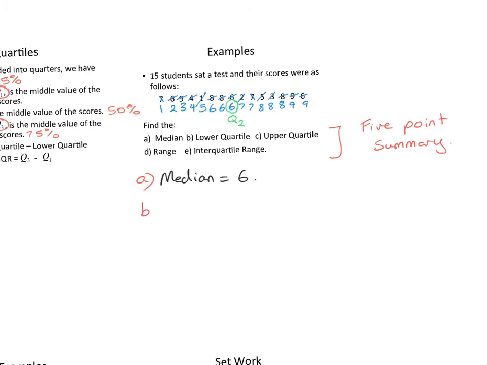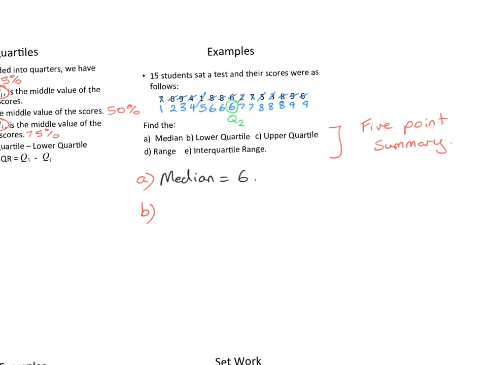Okay, now we want to find the lower quartile. Now to do that, we find the median of the lower half. Half is actually a bit of a tricky word, but this is how I do it. I block out the median and all the upper half of the values. So actually ignore everything that I've shaded black for a second.